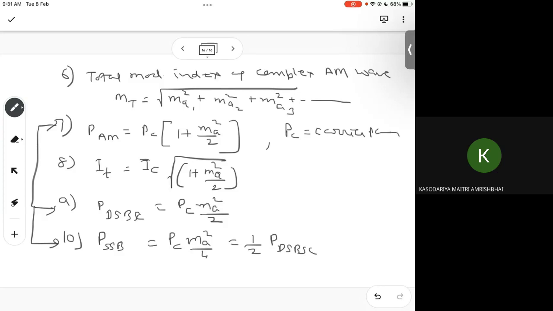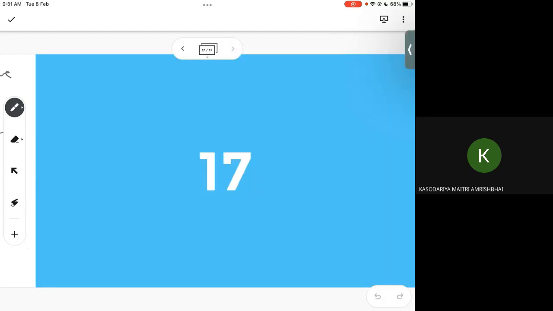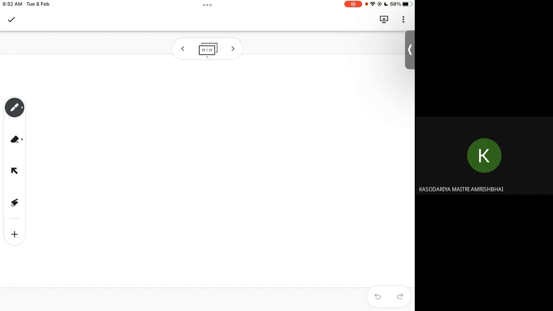So this is all the thing we talk about in AM modulation. Now we start with the new chapter, and that is what we call angle modulation. That is the frequency and the phase part. So now we move to the new chapter.